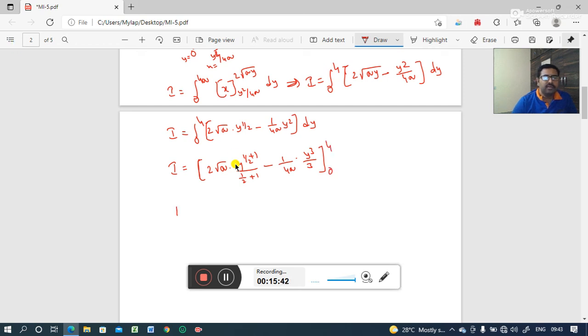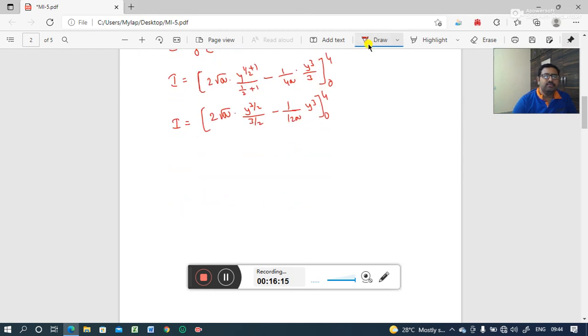So if you simplify this, I is equal to square root of 2 into square root of a, y power 1 by 2 plus 1 gives y power 3 by 2 divided by 3 by 2, minus 1 divided by 4 into 3 is 12a into y cube, limits are from 0 to 4.